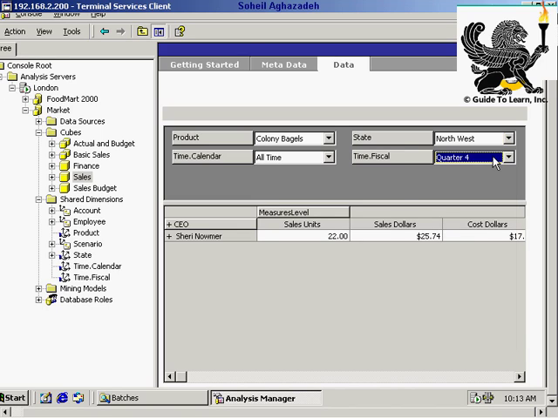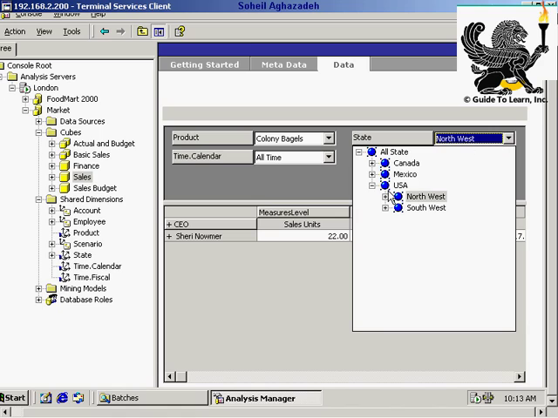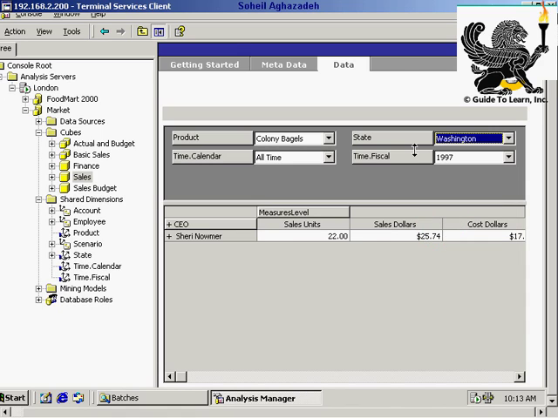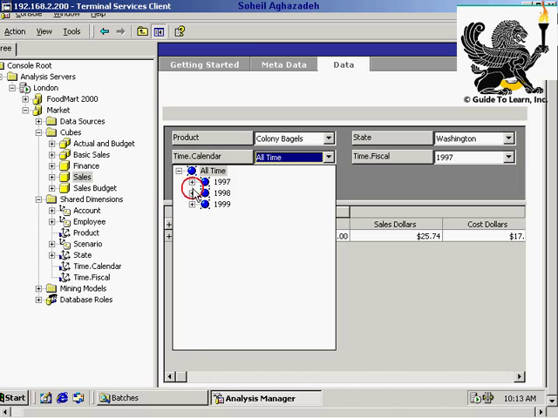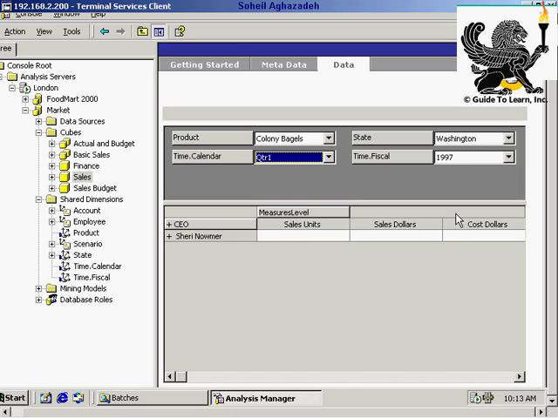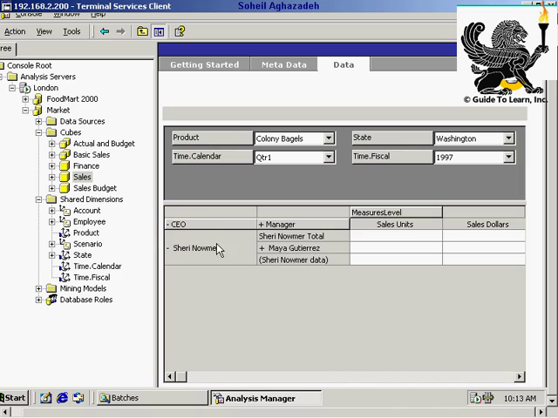So let's go and change that for the entire year, and as you see, again, it wouldn't make any difference. So that would be for Washington in 1997 actually, that's the value for it. So you could change basically the dimension and get different results that way without even going to any other third-party application.